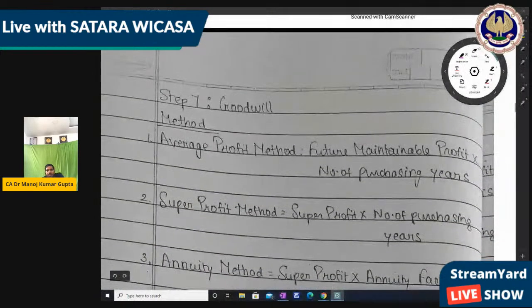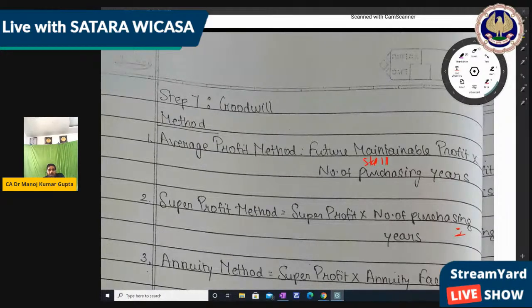Step 7, final goodwill. Average profit method: future maintainable profit multiplied by number of purchasing years. Future maintainable profit you get from step 2, and number of purchasing years you get from step 6, right?